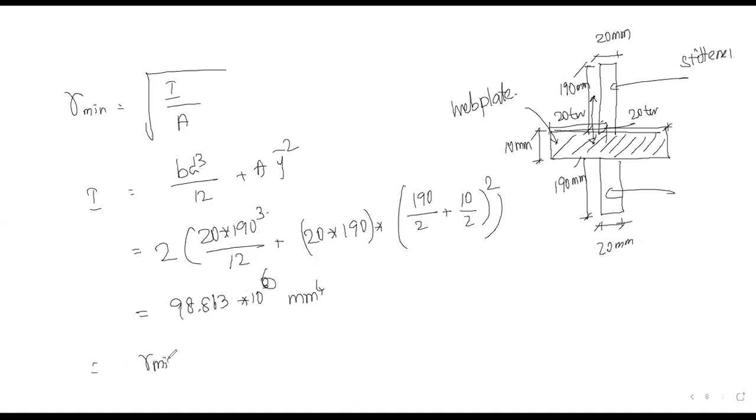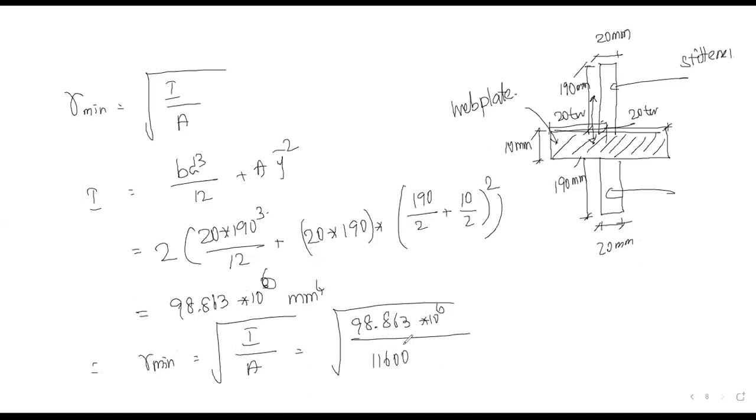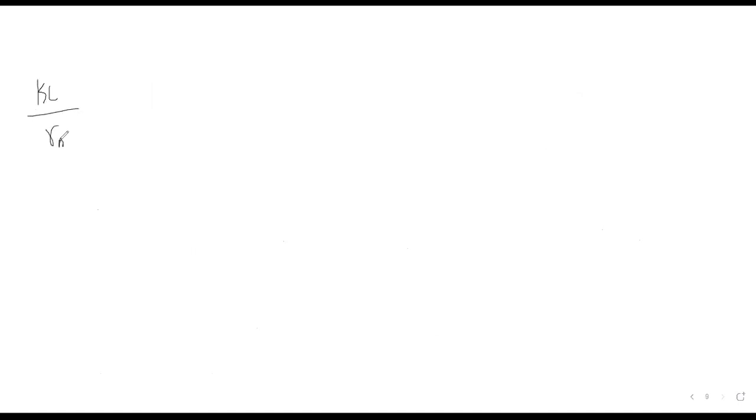Therefore, the r minimum value is root under I by A. The I value is 98.863 into 10 to the power 6, divided by the A value 11,600. It becomes 92.32 mm. Therefore, KL by r minimum value we can calculate. K is 0.7. L we are going to take as the web plate height, divided by r minimum.